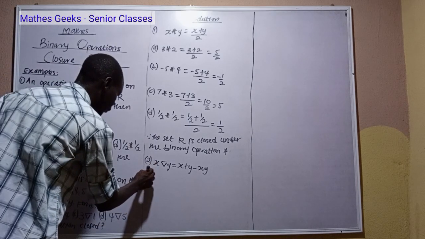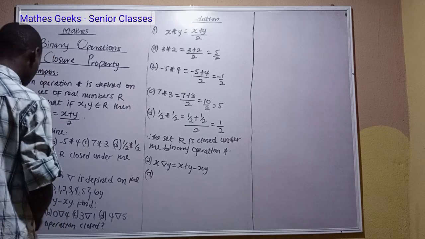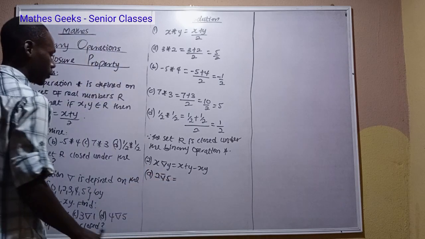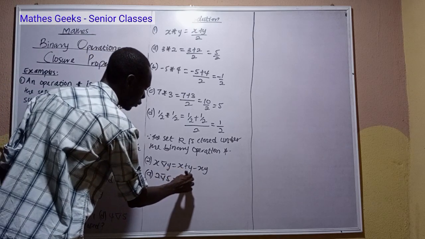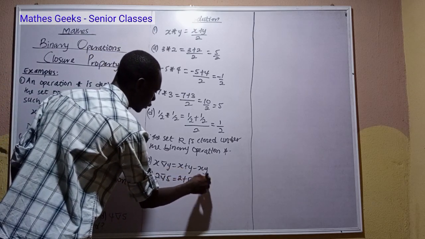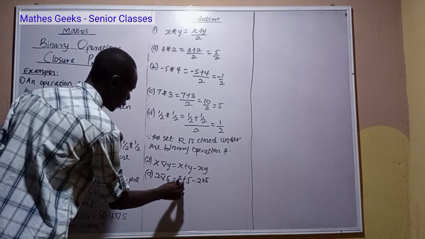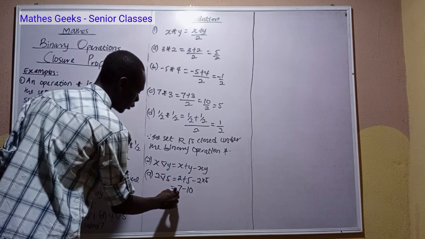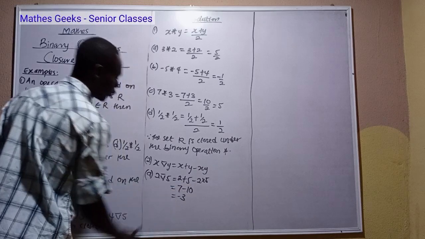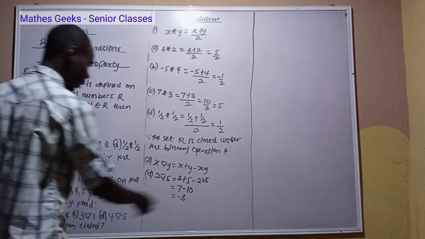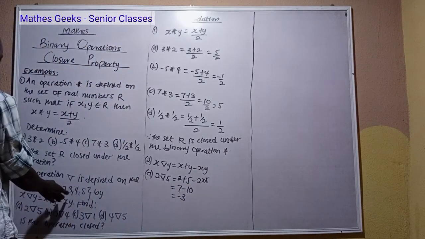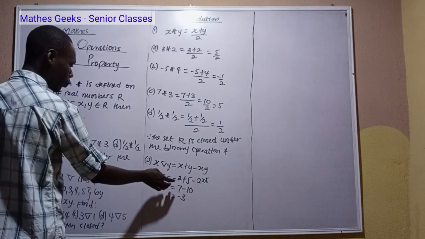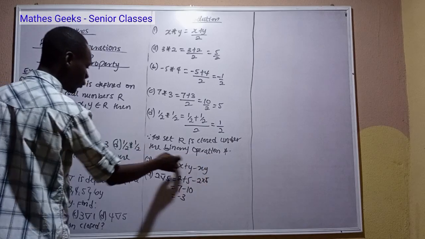So A is 2 operation 5. Let's see what that will give us. 2 plus 5 minus 2 times 5. 2 plus 5 is 7. 2 times 5 is 10. And then 7 minus 10 is minus 3. Now, is minus 3 a member of this set? Minus 3 is the third element produced from combining 2 and 5 using this rule of combination.